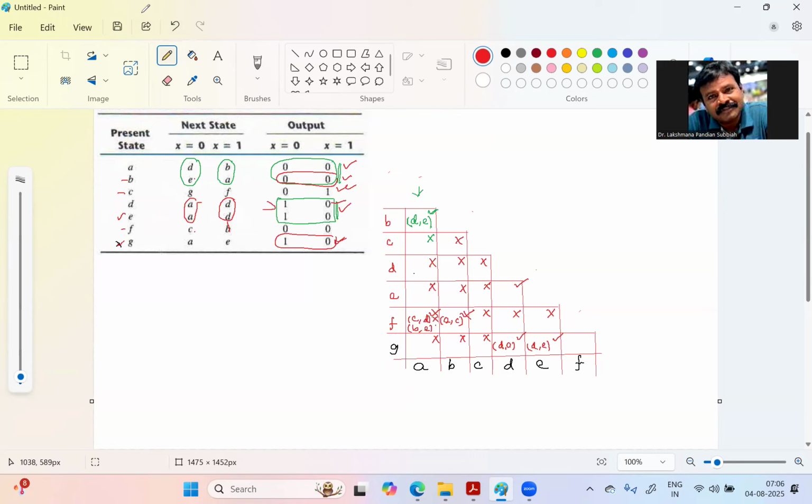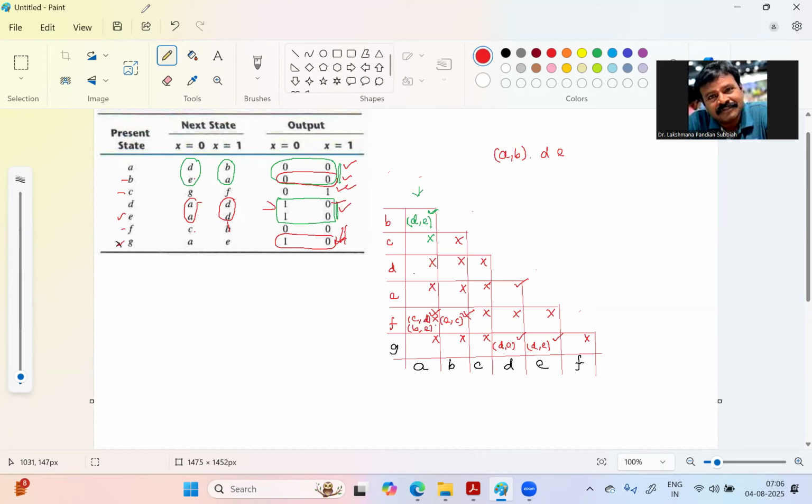Then F and G cannot be paired because they have different outputs. In this way, we get that AB is a pair: A and B have a tick mark, so AB is a pair.